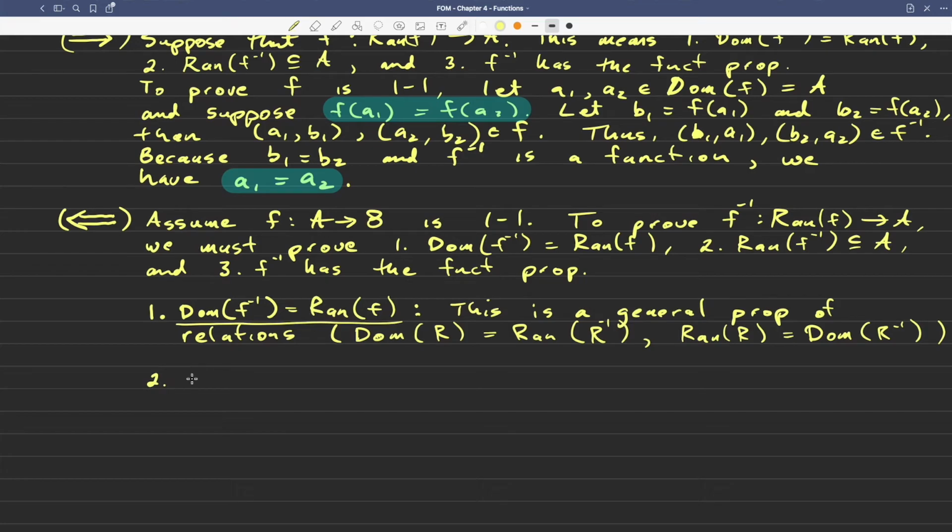Two, we need to show that the range of f inverse is contained in A. In fact, we can do better than that.